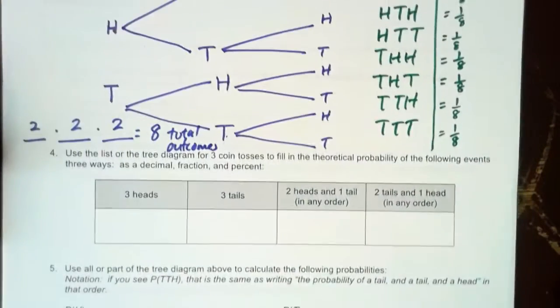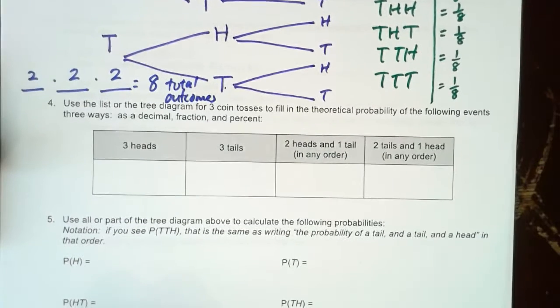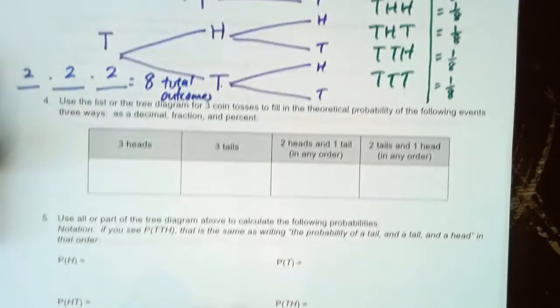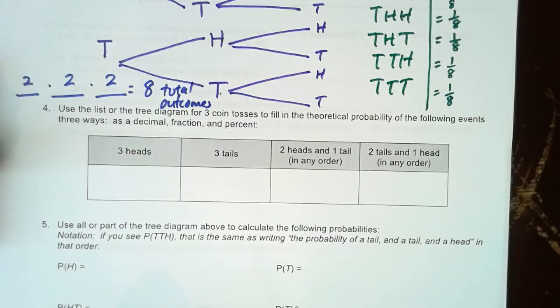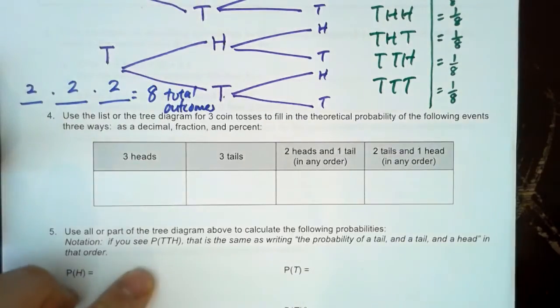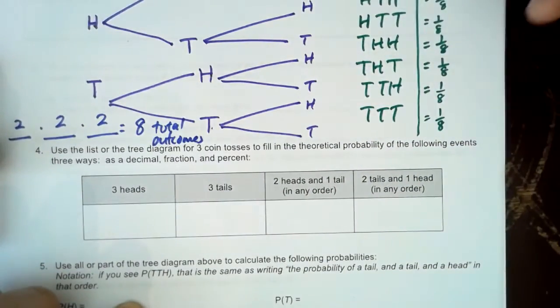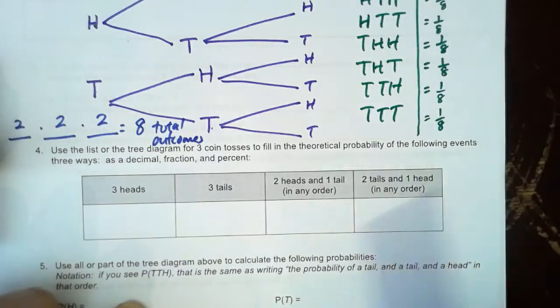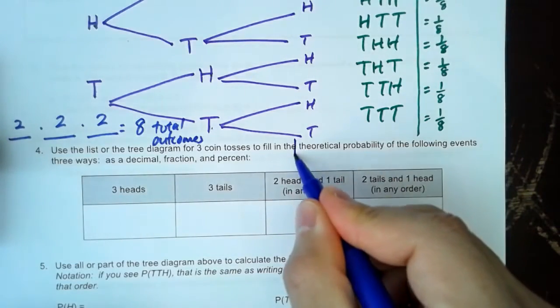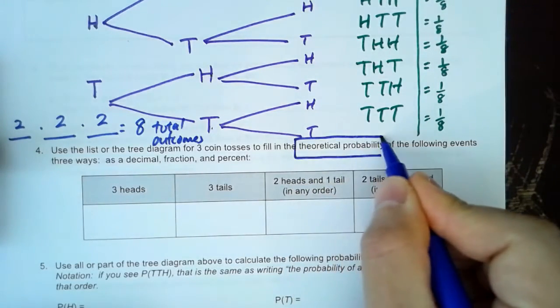Okay, so let's go to number 4, and it says use the list of the tree diagram for 3 coin tosses to fill in the theoretical probability of the following events 3 ways: as a decimal, as a fraction, and as a percent. So we have to remember that these are our total outcomes, right? And they want to know right now what is the theoretical probability of the following events.